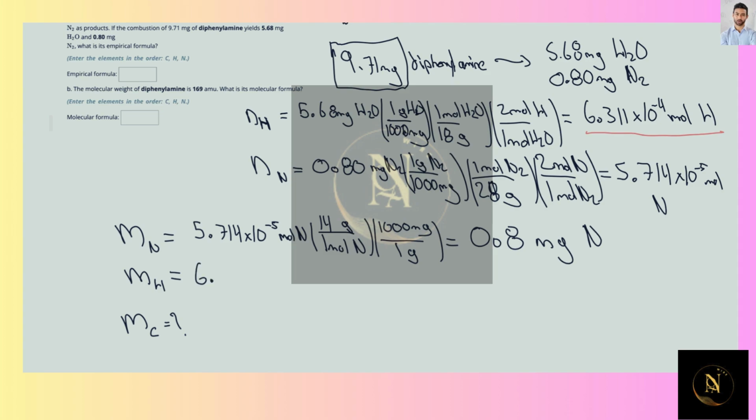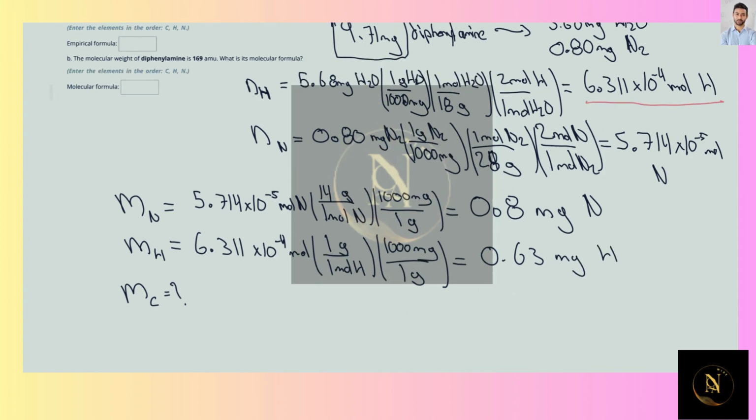In the case for hydrogen, this is going to be more simple, 6.31 times 10 to the minus 4 mole. The mass is directly 1 gram per mole of hydrogen. And the conversion factor, again, 1000 milligrams divided by 1 gram. This is going to give us 0.63 milligrams of hydrogen.